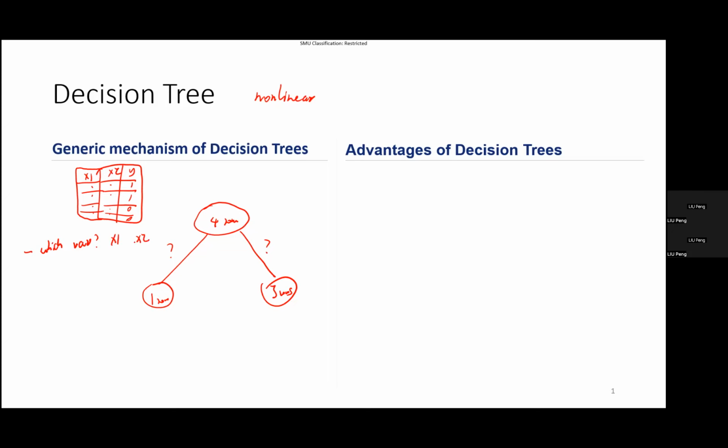That's the high level choice. And the second choice is which threshold do we choose. When I say threshold, I'm treating X1, X2 as a continuous variable, or if they're categorical, then I would say which category would I choose?